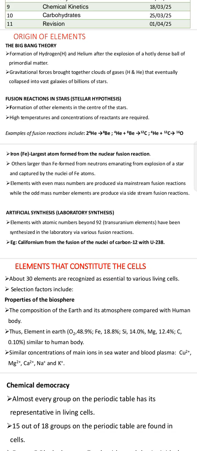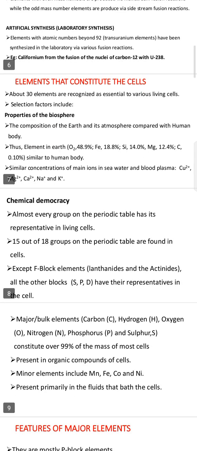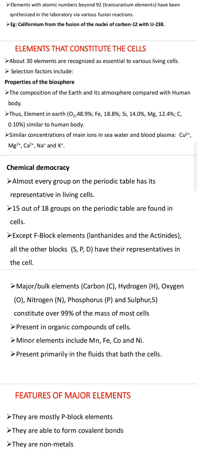So the next subtopic we'll be looking at is the elements that constitute the cells. So we are coming to look at the various elements on the periodic table that we can find in ourselves, and why they are in ourselves, and why others are not in ourselves.